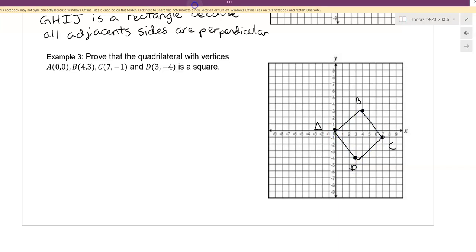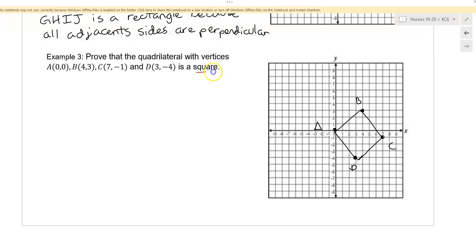So with squares, we have to do rhombus and rectangle. So we basically just have to combine the two previous problems. I'm going to start with a rhombus by doing all 4 sides congruent. Okay? So we'll go from A to B. And that is 3 and 4.